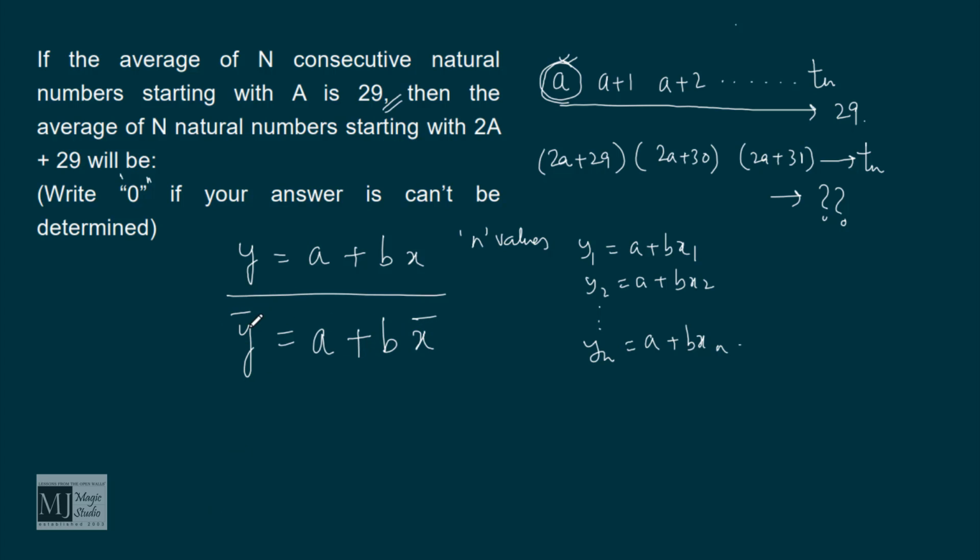Now what do we mean by bar? Bar means mean. That means the arithmetic mean of y is equal to the constant a plus b times the arithmetic mean of x.